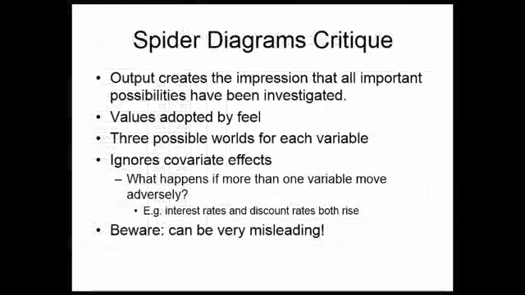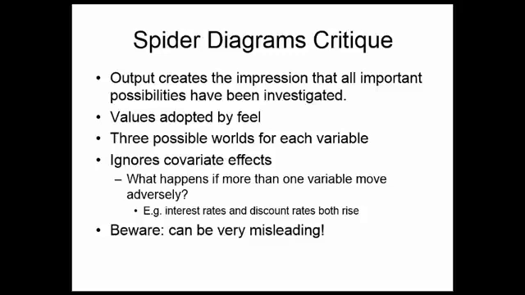The first thing is that the spider diagram itself suffers from the basic problems that we find with the traditional three-value sensitivity analysis. And that is, first of all, that the values are all adopted by feel. We really don't know whether the values for tax or rent or what have you do have the limits that we've set.